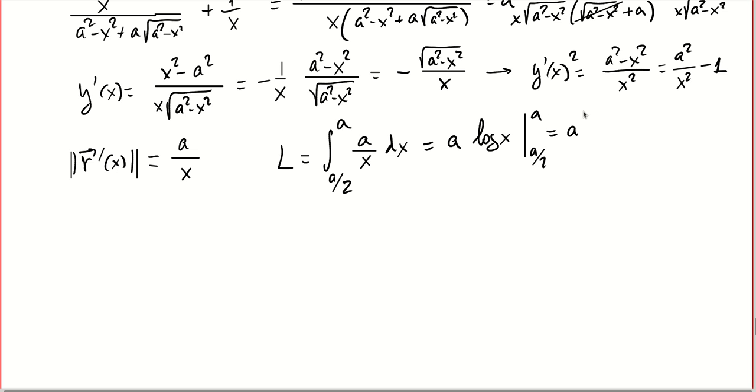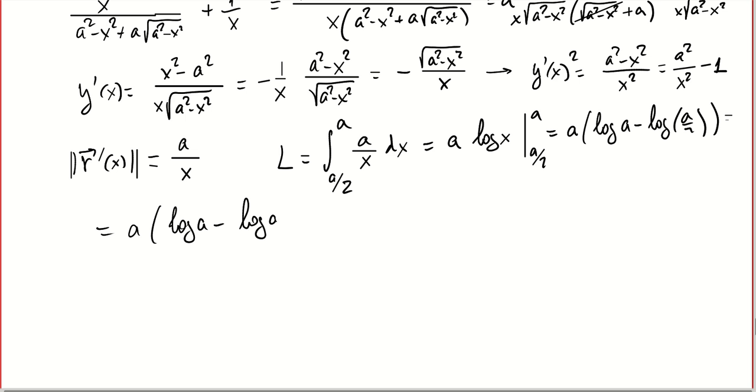That is a multiplied by the logarithm of a minus the logarithm of a half. Since the logarithm of a quotient is the difference of logarithms, what we have is the logarithm of a minus the logarithm of a plus the logarithm of 2, and the answer is a logarithm of 2. That is the length of this tractrix in this particular interval that we've chosen.